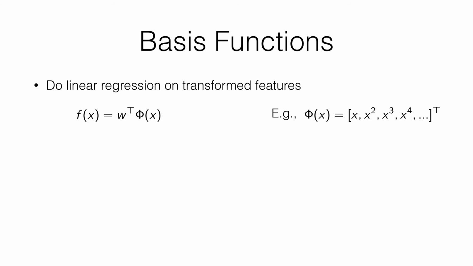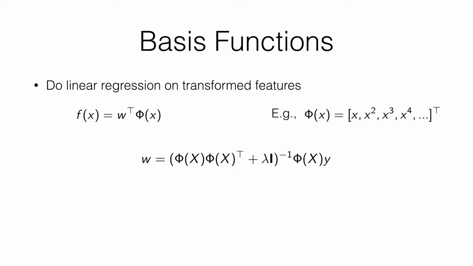We could do the polynomial thing that we did for the SVM, and take x squared, x cubed, x to the fourth, etc., and use that as our phi, and then we end up with another closed form W solution that looks very similar to what we had before, except now we're using these transformed features instead of x itself.